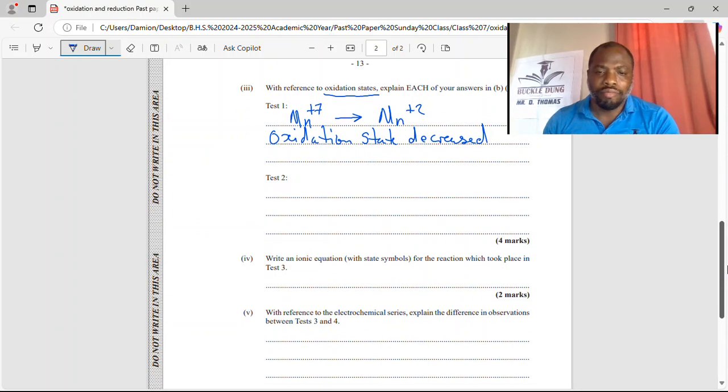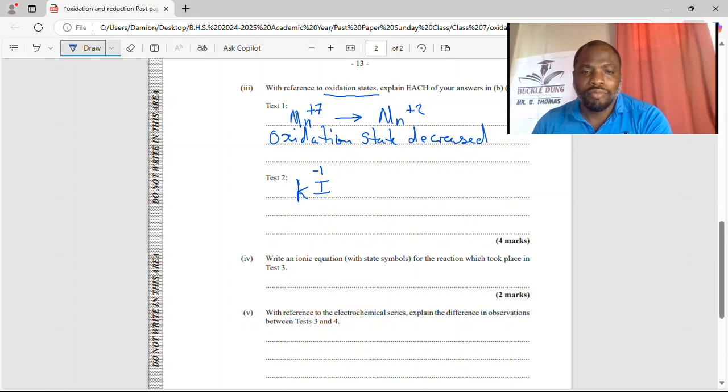Coming down again, who in test 2? The potassium iodide.